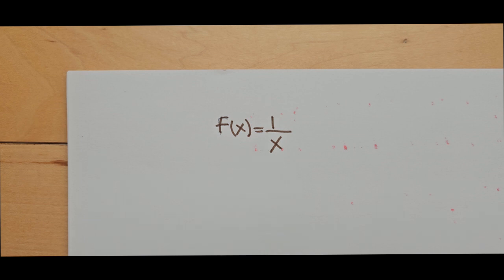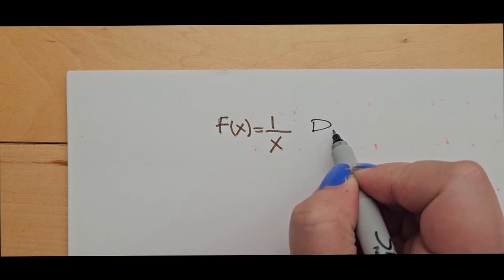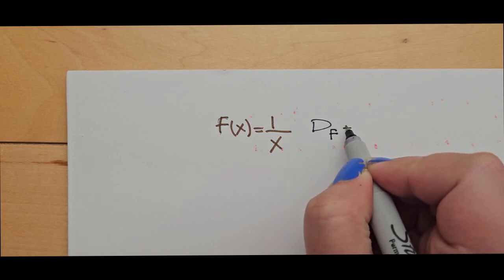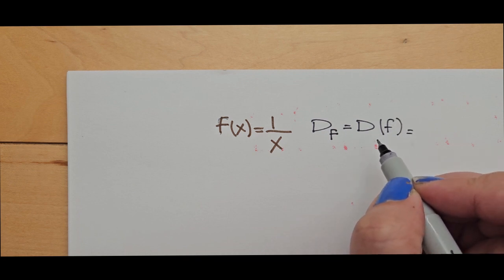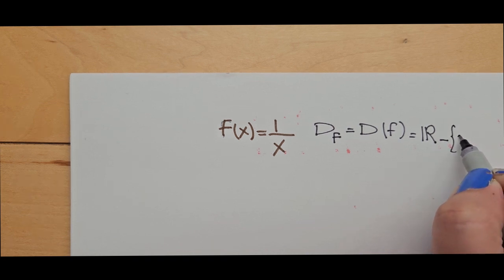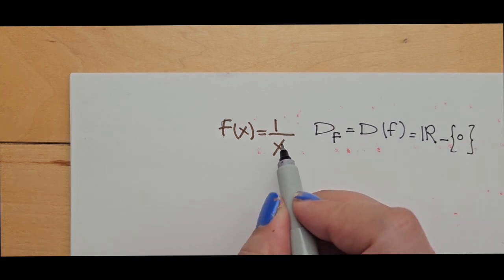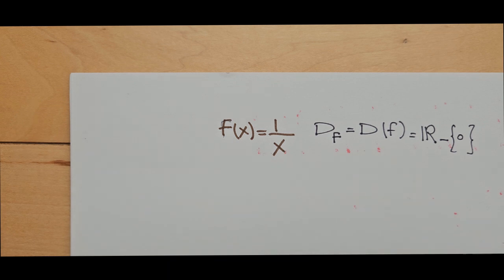Once more, the domain, which I can show as domain of f, or some people just write D of f, is all the real numbers except 0, because if you put 0 as x in the denominator, it is not defined. So x as 0 is a limitation.